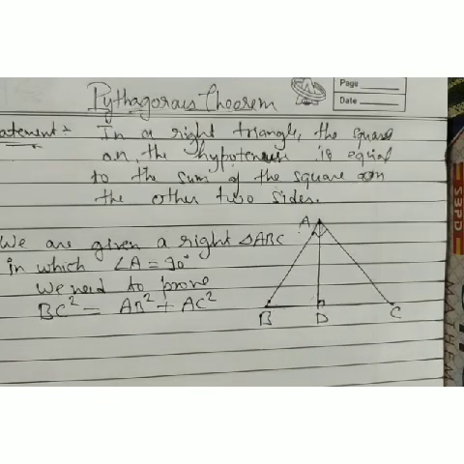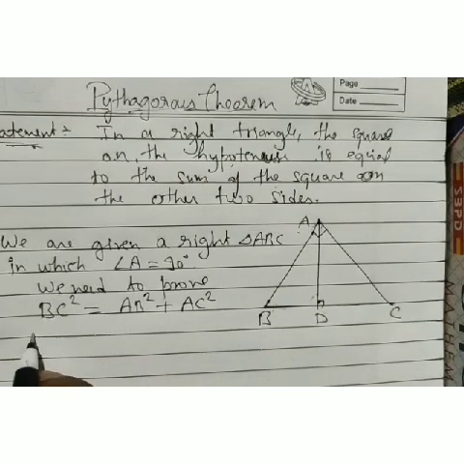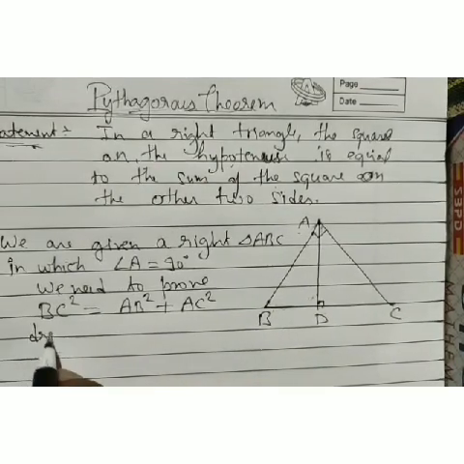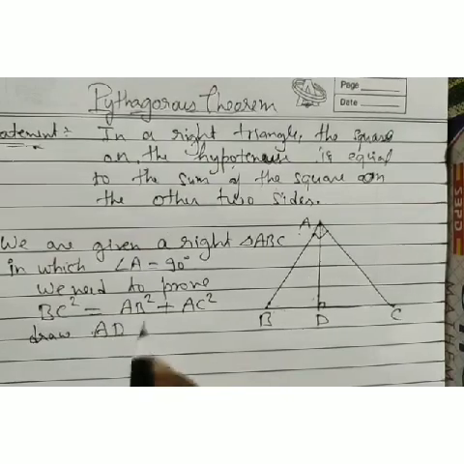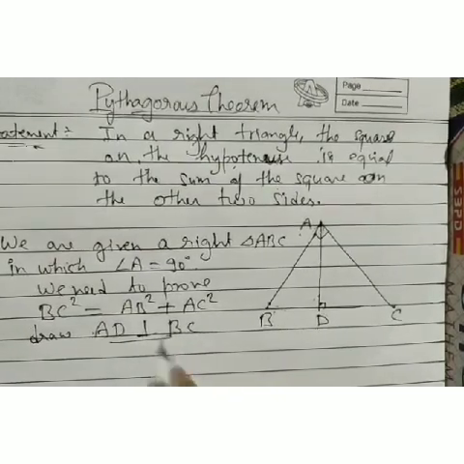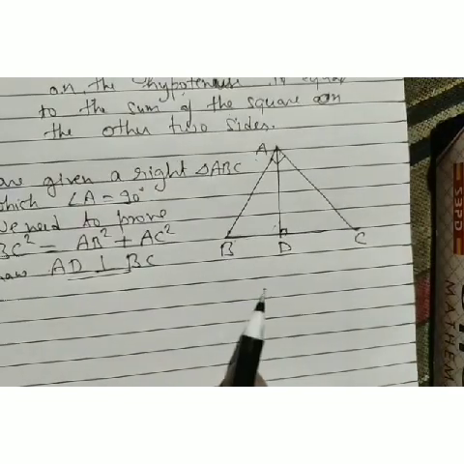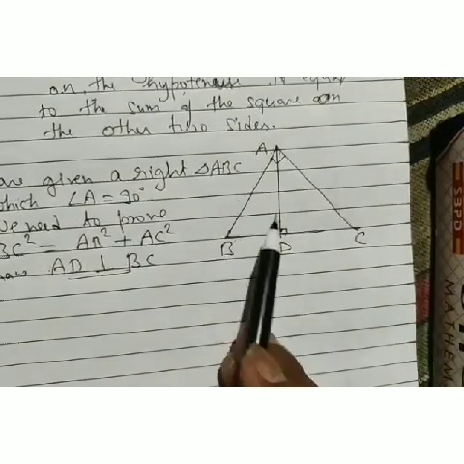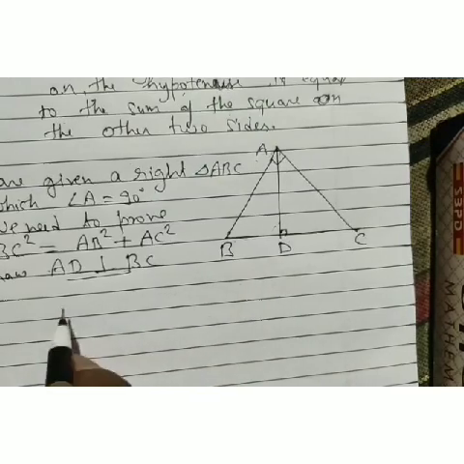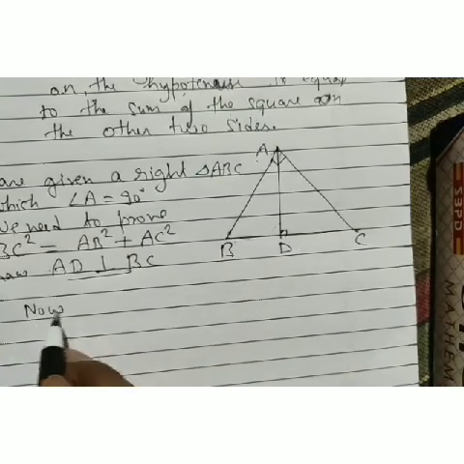Now look, first of all, draw AD perpendicular to BC. First we are going to show this. We take two triangles.